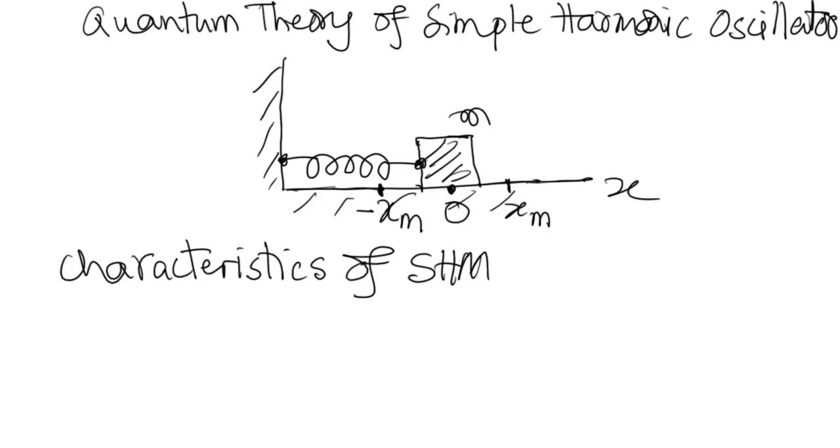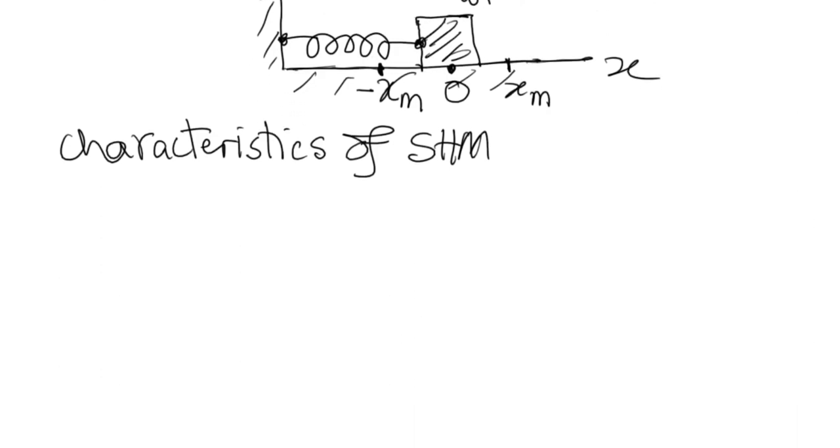Simple harmonic motion is denoted by SHM, and the first characteristic is the motion must be linear.